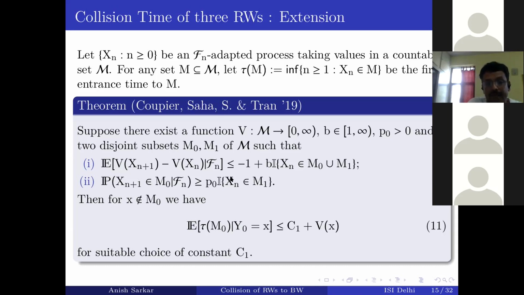But whenever you are in this set, the probability that you hit the set M naught is bounded by p naught, and then for every x in M naught, v of x is the starting point of where you started your process. This should have been X_n. Everywhere I have this as y naught, it should be x naught.